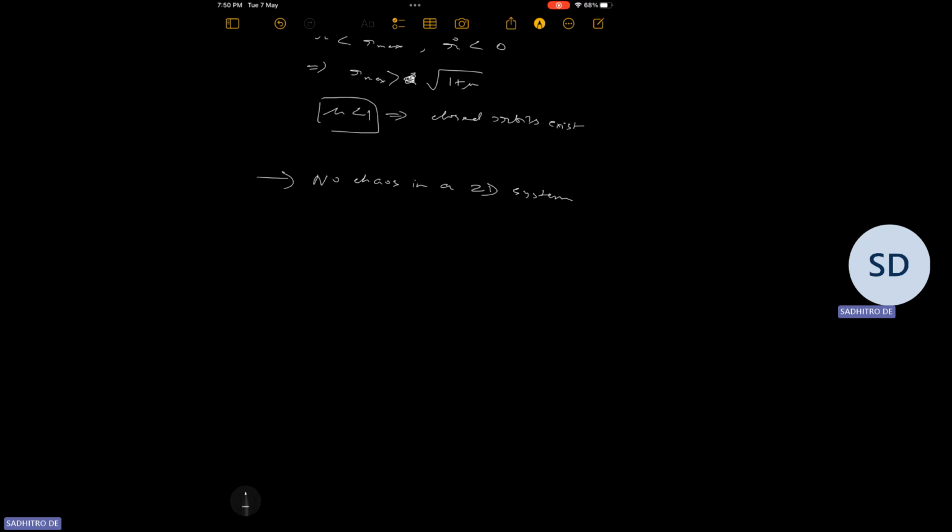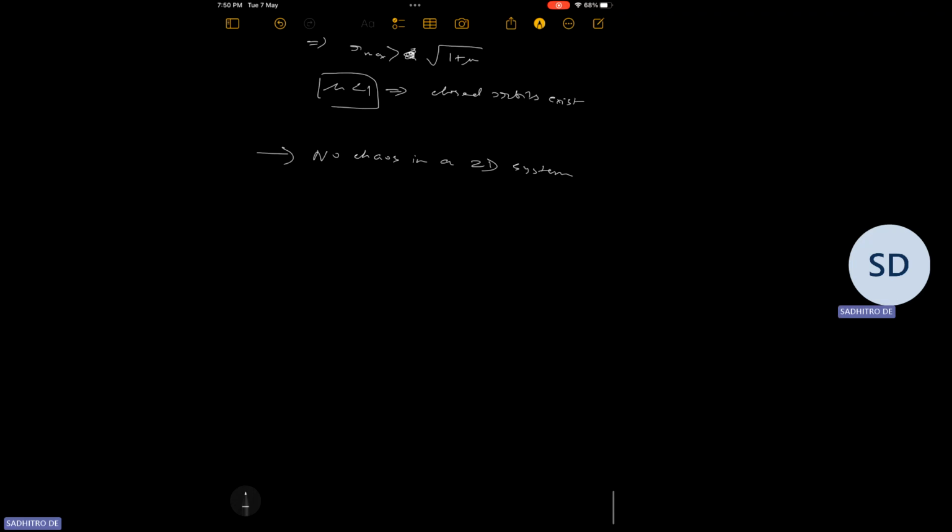So they can give rise to objects known as strange attractors, and on a strange attractor, certain changes in initial conditions can lead the trajectory to occupy different positions on that attractor. That is the hallmark of chaos, right? So chaos can be possible only if the system is three-dimensional or higher.